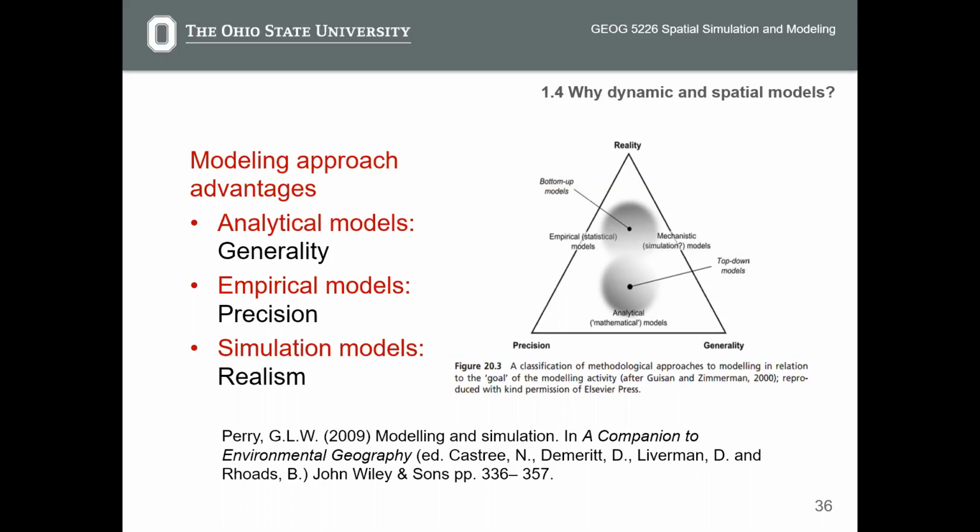They're trying to predict things, but not necessarily accurately. But you should know that empirical models only care about the statistical relationship between or among variables. And simulation models are somewhere between analytical models and empirical models. They are trying to be closer to reality.